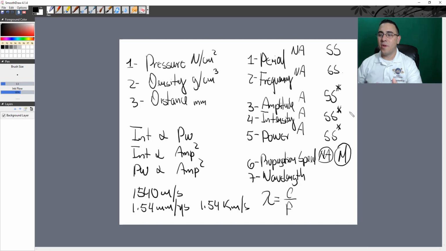And remember this, propagation speed is a property of the medium. Frequency depends on the system.